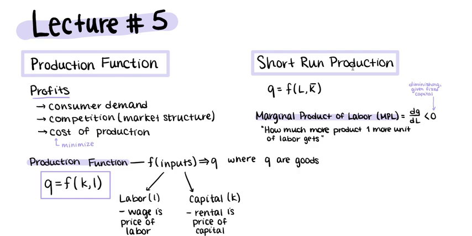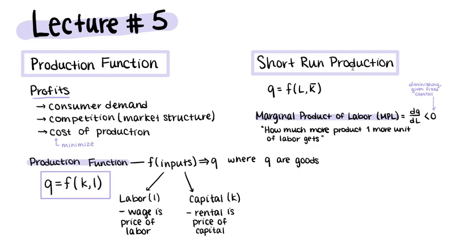So the marginal product of labor is MPL. It's how much more product one more unit of labor gets. And it's diminishing, the marginal product of labor.